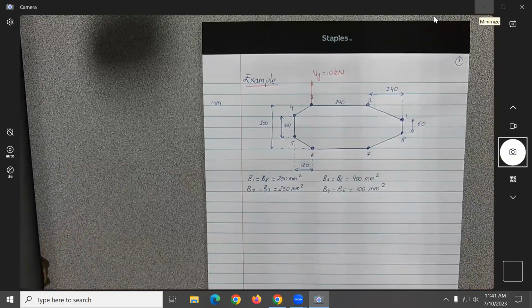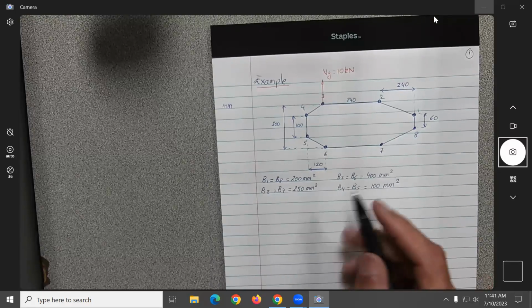So basically, the geometry might be a bit more complicated, but the procedure should be the same, like always. By now, you should be able to recognize this.